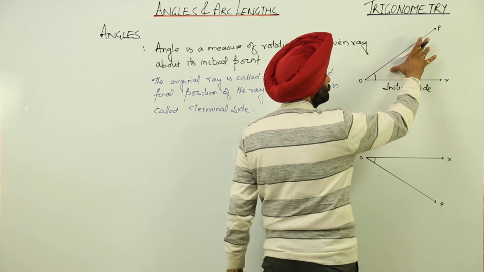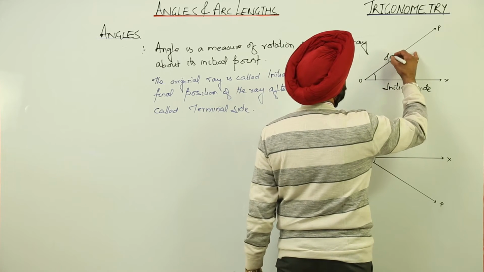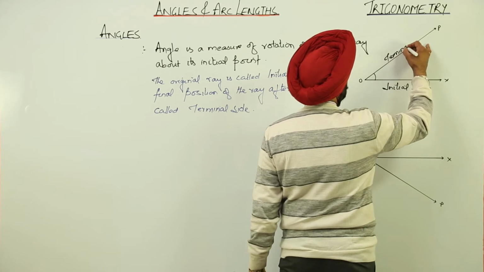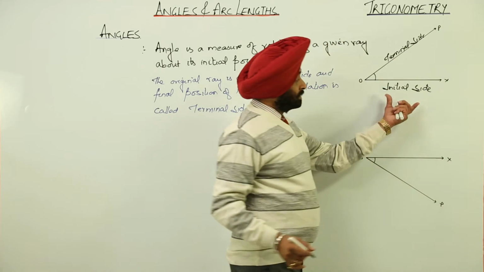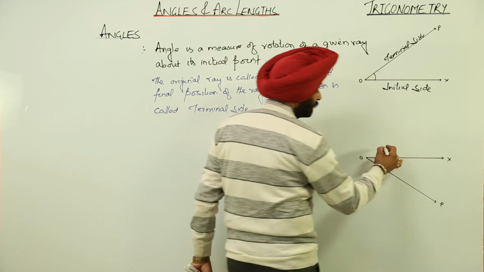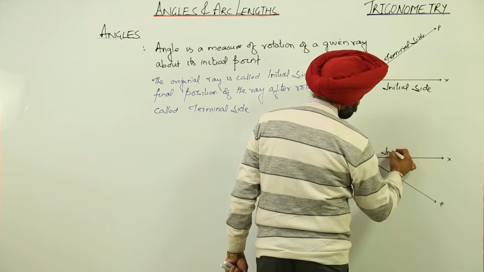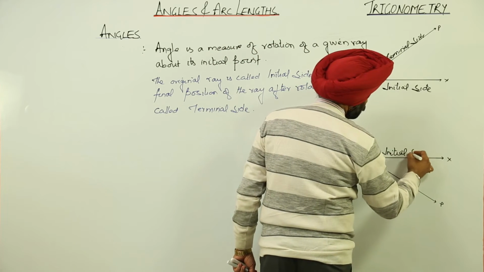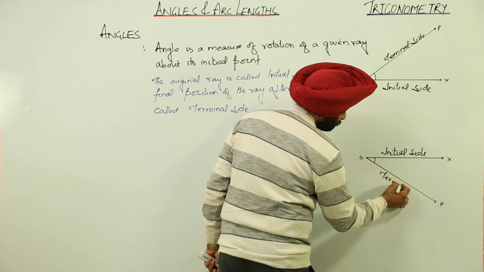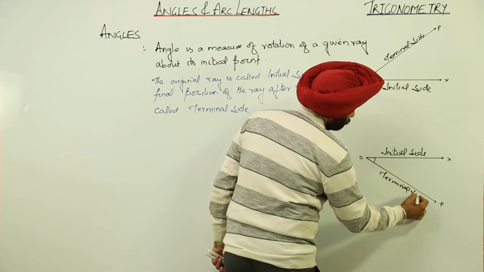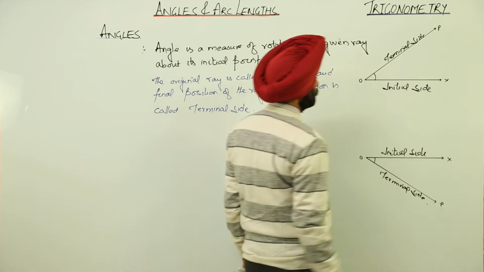So now this ray becomes the terminal side. So this is the initial, this is the terminal. Similarly here, initial side and this one terminal side. Is it clear?